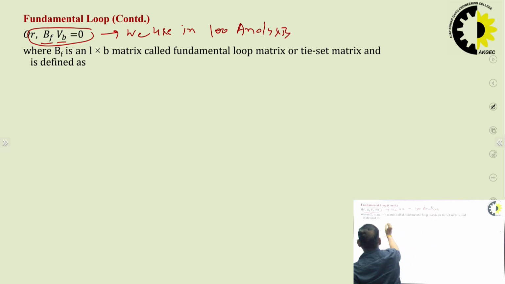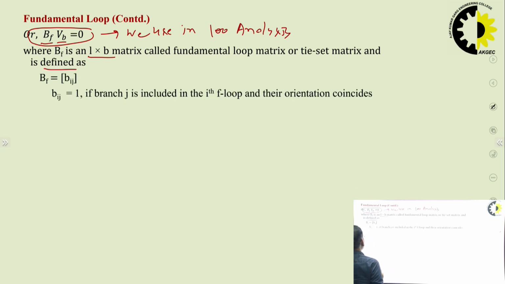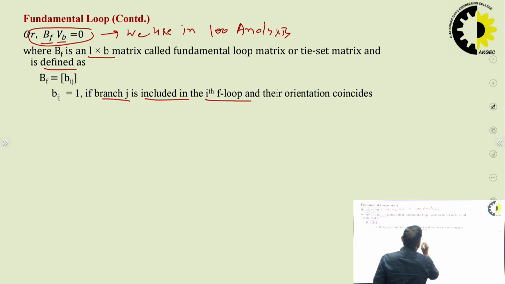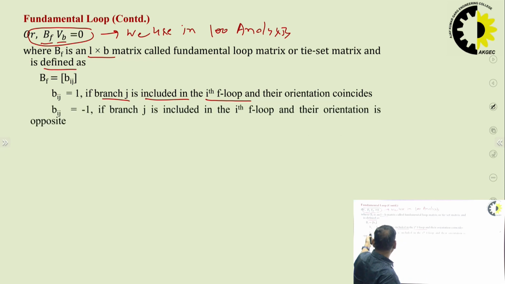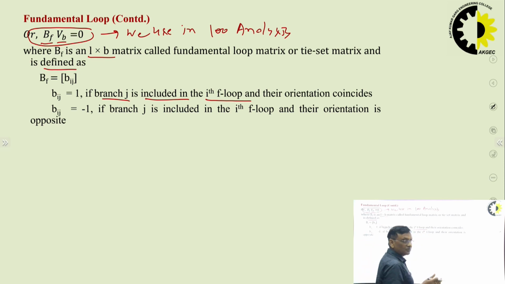Where B_F is called the fundamental loop matrix or tie set matrix, and is defined as B_F equal to B_ij. B_ij is 1 if the branch j is included in the ith fundamental loop and their orientations coincide. B_ij is equal to -1 if included in the ith fundamental loop, but the orientation is opposite to its defining link.